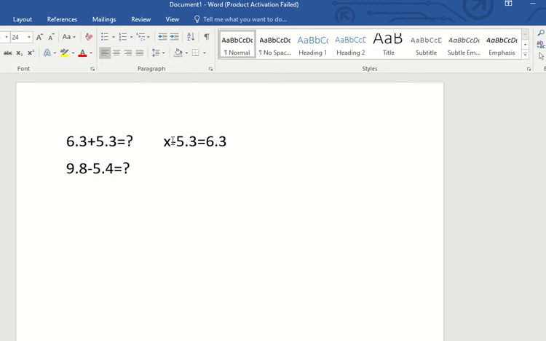See here, this minus 5.3 is the same as this plus 5.3, because when this minus 5.3 jumps to the other side, let's solve it here. x equal 6.3, and when this jumps to the other side, we'll write it as plus 5.3. So it's going to be the same as this.